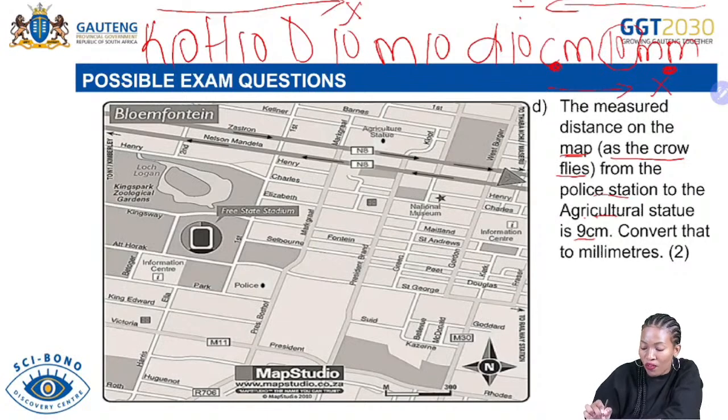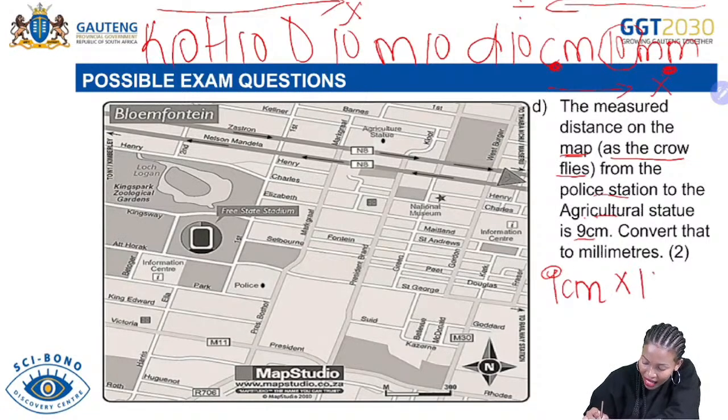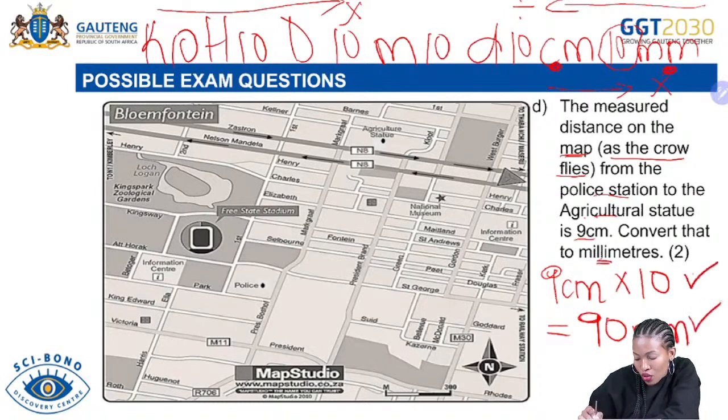By 10. So the conversion factor between centimeters and millimeters is 10. So we say 9 centimeters multiplied by 10 gives us an answer of what? Of 90. But now it is 90 what? 90 millimeters. And this is how you get your 2 marks.